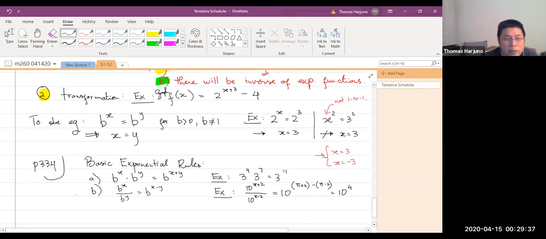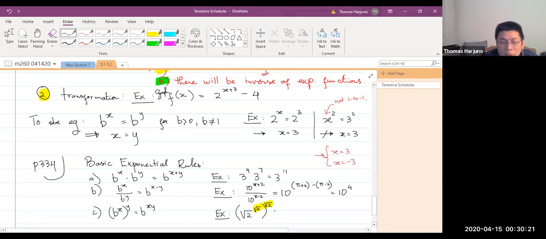Okay, and then the third basic exponential rule is b to the x to the power of y is equal to b to the xy. So if we have, for example, square root of 2 to the power of square root of 2, to the power of square root of 2, I will multiply these two exponents.